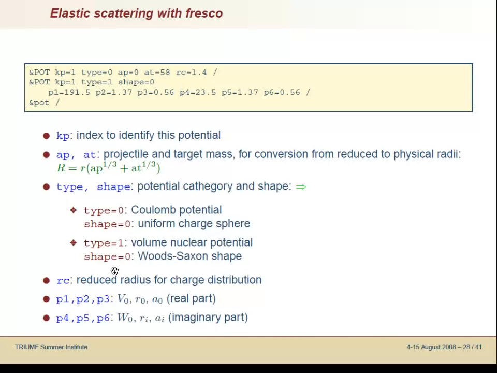Type equal 1, as I say, is a volume nuclear potential. Shape equal 0 is the Coulomb-Saxon. This will be your choice in 90% of the cases. But say you want to use a surface potential, or instead of a Coulomb-Saxon, a Gaussian potential. A Gaussian potential is also considered a volume nuclear potential, so you keep type equal 1, but the shape is no longer Coulomb-Saxon, so you go to the manual, shape equal 2.